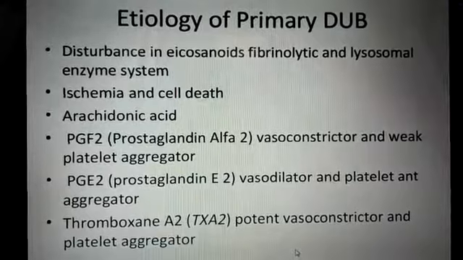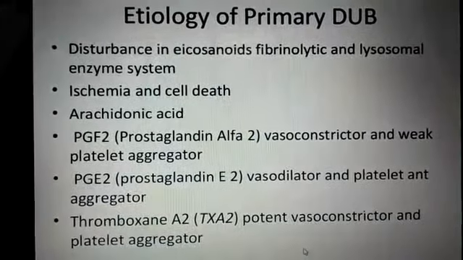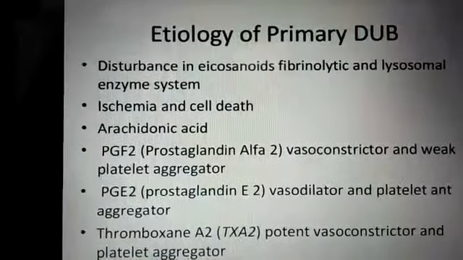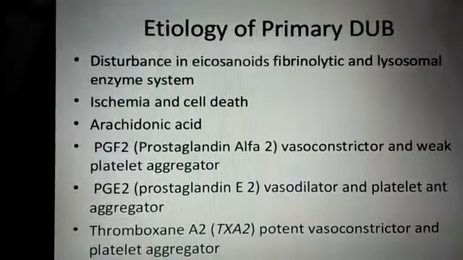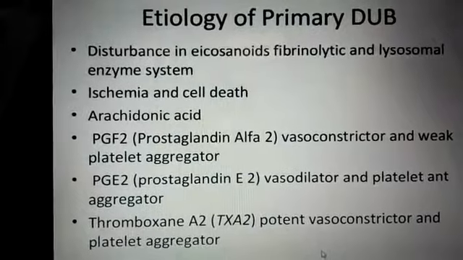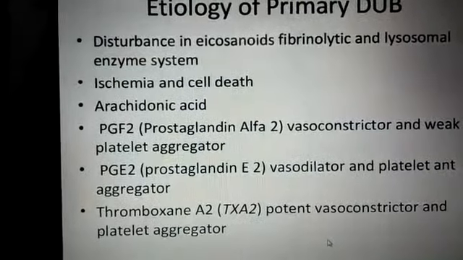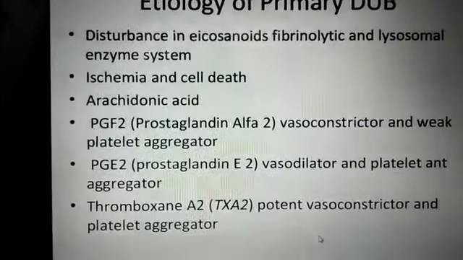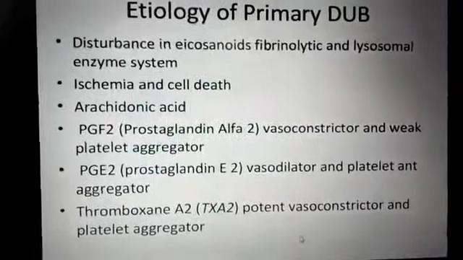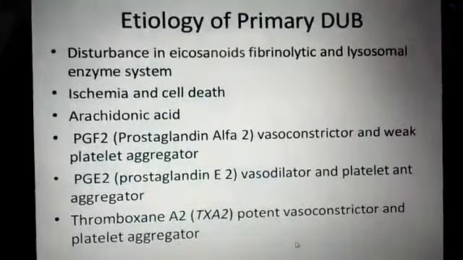Second, arachidonic acid and PGF2, a vasoconstrictor and weak platelet aggregator; PGE2, a vasodilator and platelet aggregator; and TXA2, thromboxane A2, a potent vasoconstrictor and platelet aggregator. In short, enzymes, PGF2 and PGE2 are responsible for primary DUB.